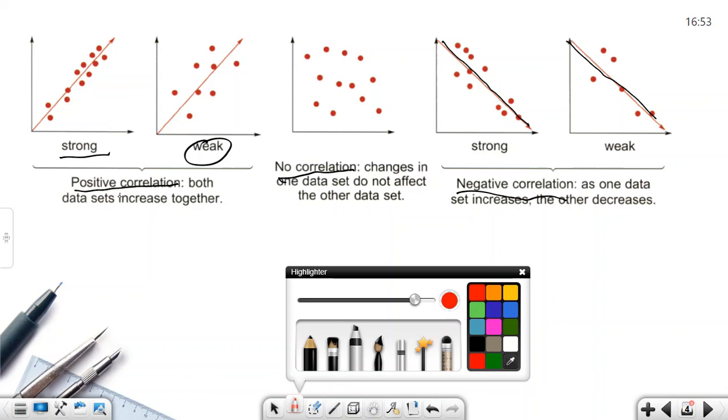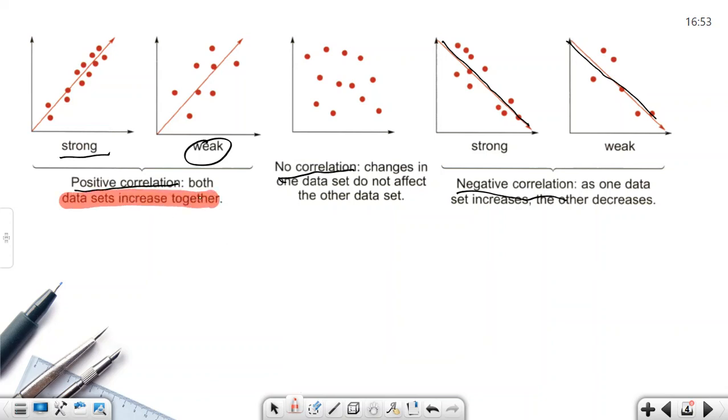For positive correlation, both data sets increase together. When you increase one value, the second value increases too. Or the other way, when you decrease a value, the second value decreases too. That's positive correlation. Negative correlation: one data increases, the other decreases, or one decreases, the other increases. They go opposite ways, so we call it negative correlation.